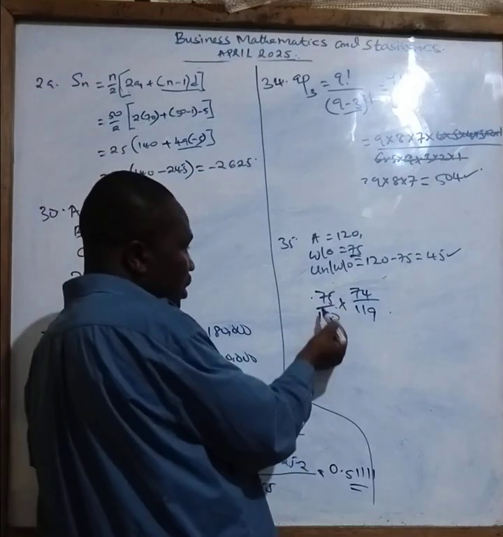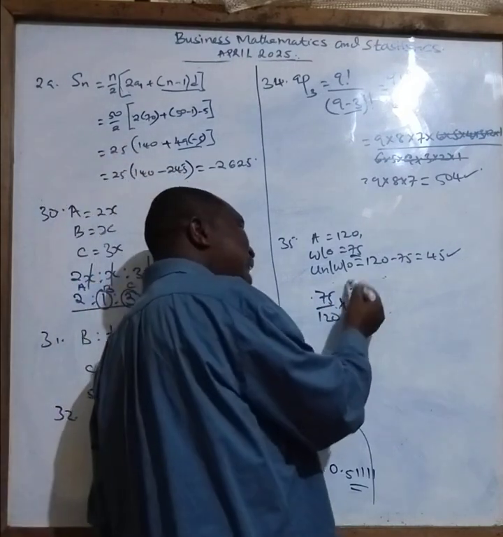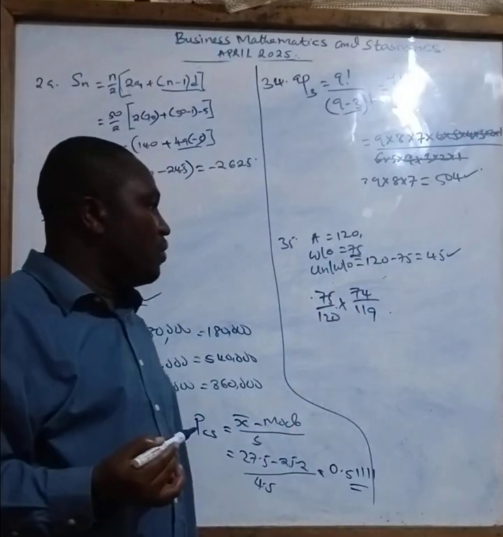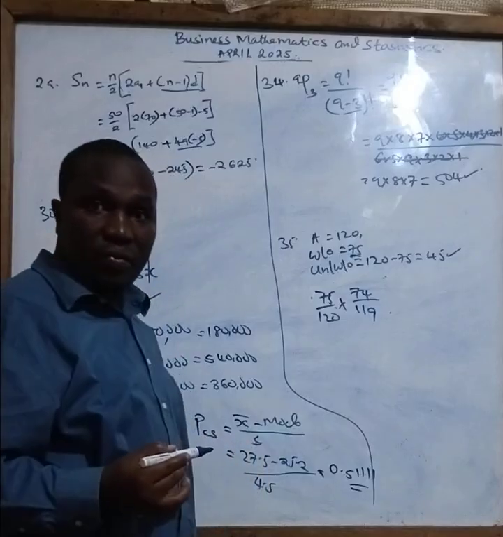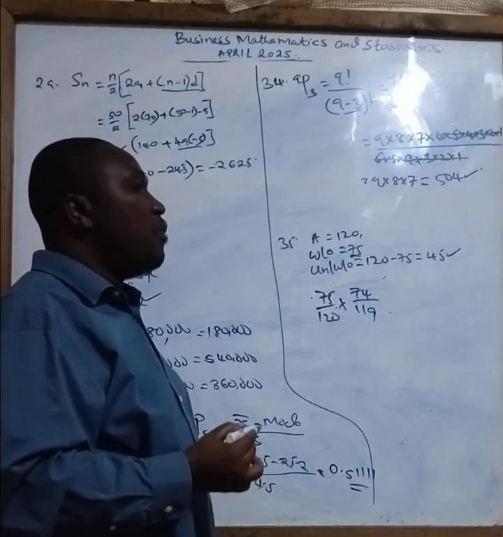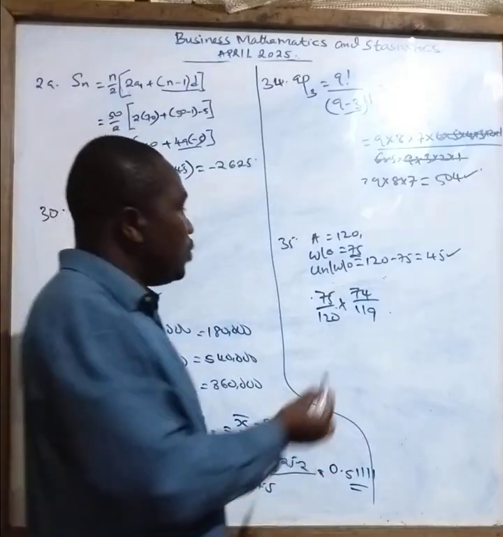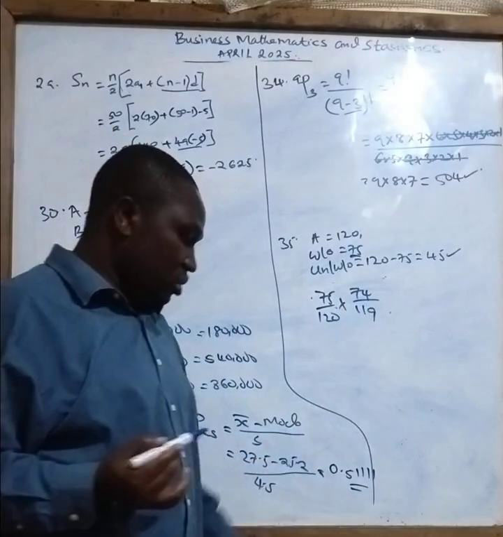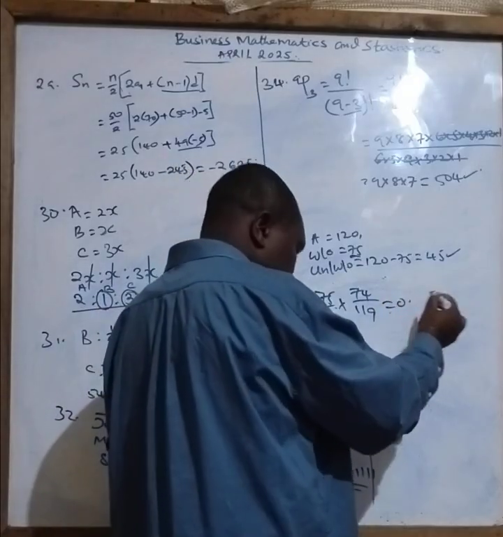So it will be 75 over 120, what is not written off, times what is unwritten off, which is 74 over 119. So when you multiply that, the answer you get then will be 0.38865.